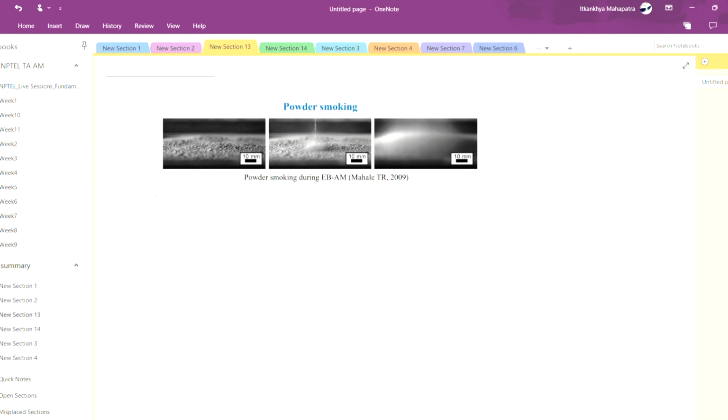So this is normal, when there is no electron beam. In the second, this is normal. Now here we can see the electron beam is coming. The speed of the electron beam is 2 by 3 times the velocity of light. It is very high speed.